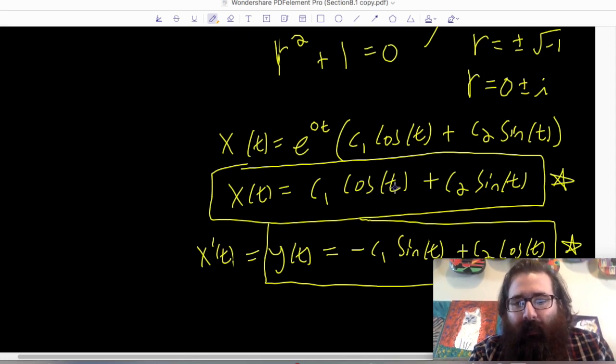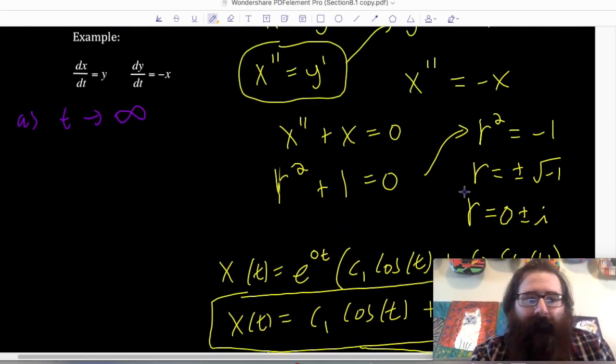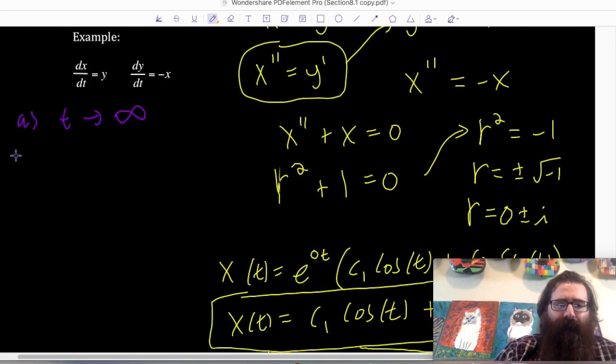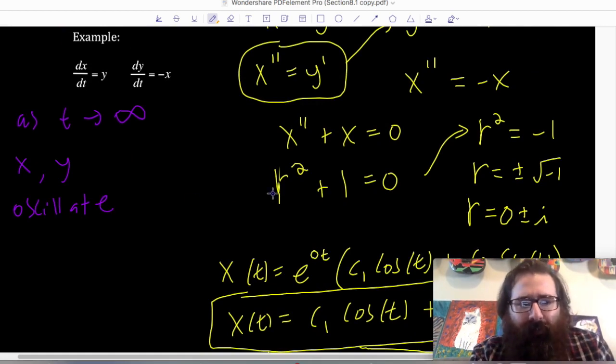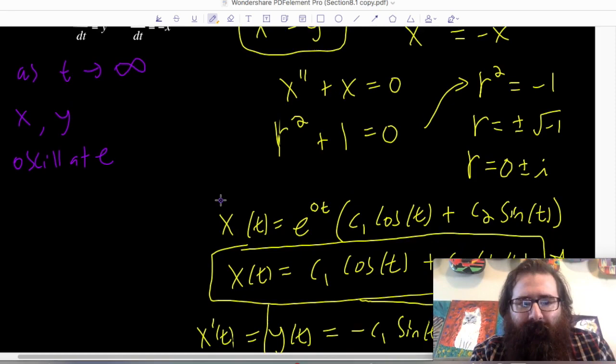Cosine, depending on what I plug into it, is somewhere between negative 1 and 1, and sine is also somewhere between negative 1 and 1. And it just keeps going on and on. So the fact that t keeps increasing doesn't change the behavior of cosine and sine. As t goes to infinity, x and y oscillate, and they don't really move towards or away from anything.